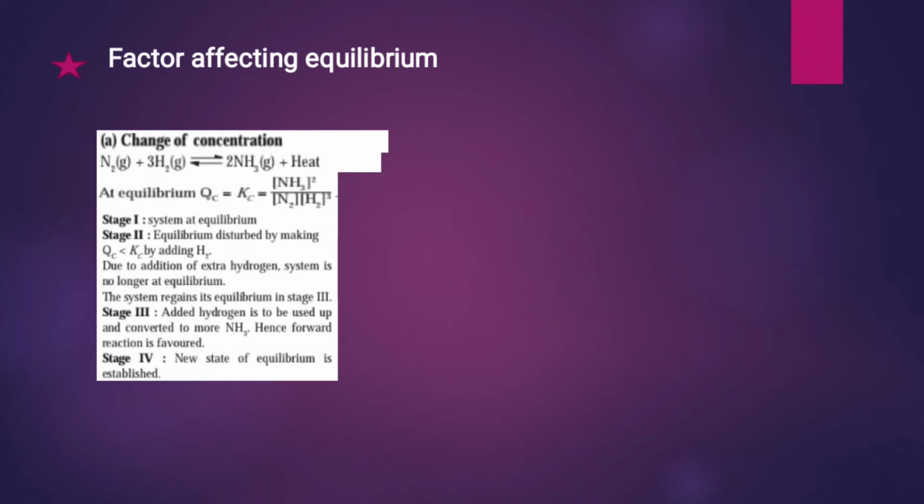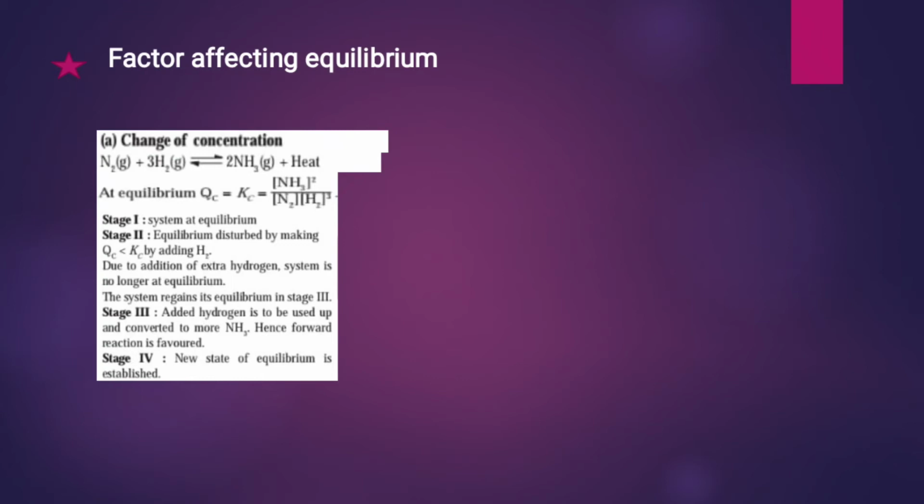Since we added extra H2 to the system, the system is no longer at equilibrium. Now at the third stage, we add H2. The added H2 is used up and converted to more ammonia.